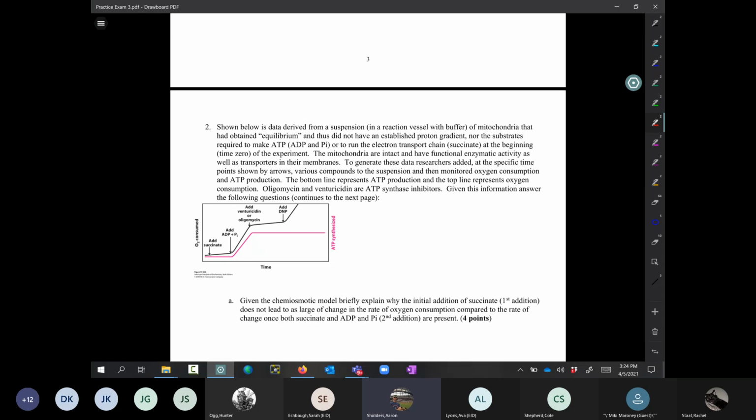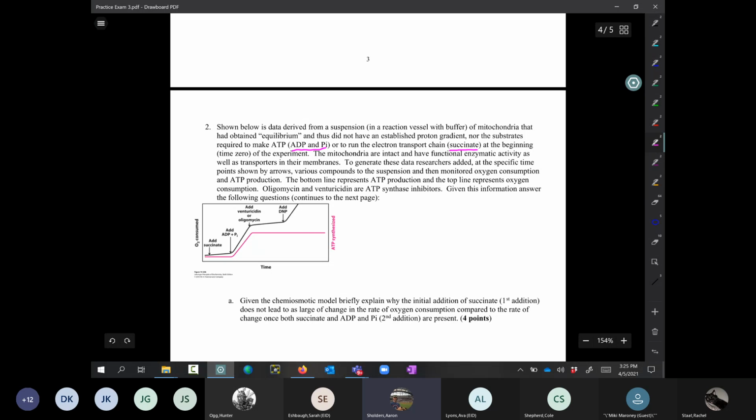Okay. You can then, through a series of washes, essentially buffer washes, bring those mitochondria to equilibrium, meaning there's nothing really going on in them. But they're fully intact, meaning that they can carry out the processes of cellular respiration if they're given the right stuff. Right now, the right stuff is this. You have to have ADP and inorganic phosphate, and you have to have succinate.